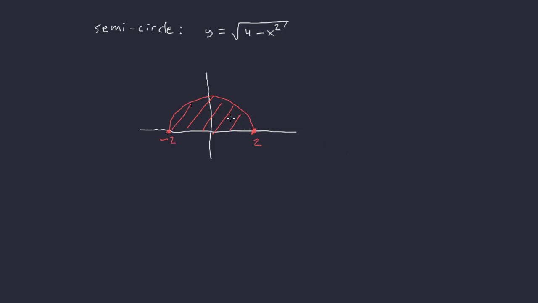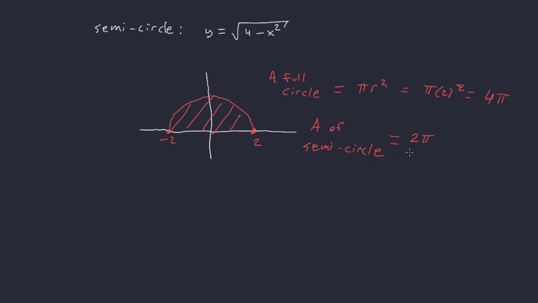Of course, we could just find the area because the area of the full circle is pi r squared, and in this case this is a semicircle of radius 2. So the area of the full circle is 4 pi, and the area of the semicircle is just that divided by 2, so 2 pi.